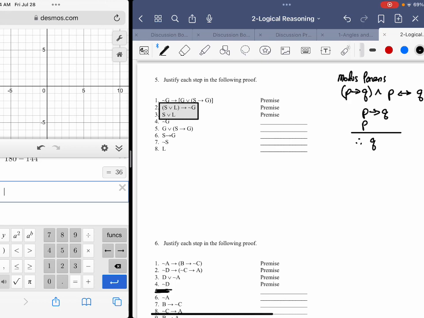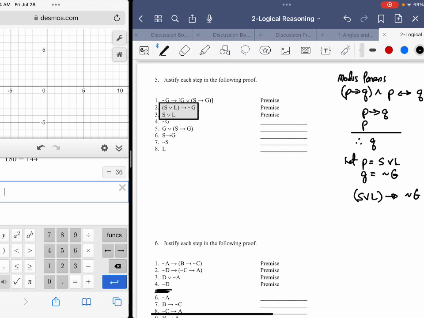All right, so let me match this with what I see here. All right, let P be equal to S or L, and let Q be equal to not G. So I would be saying S or L instead of the P implies Q. Well, the Q is not G, so let me get the not G in there.